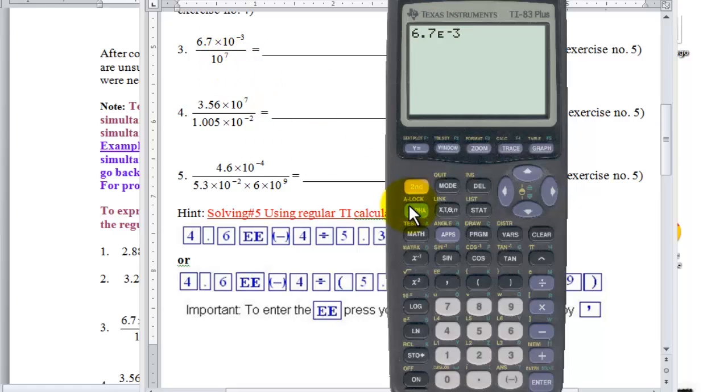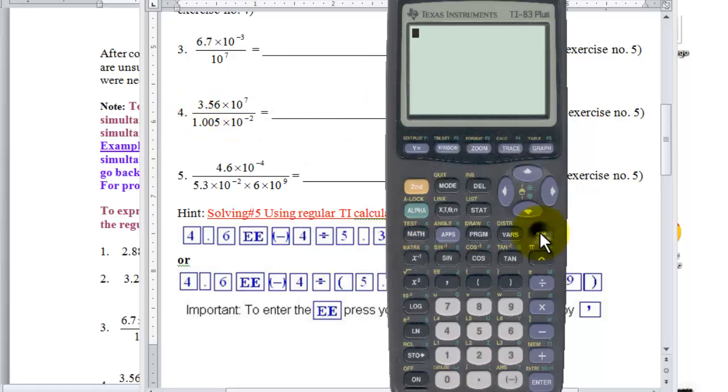This is divided by 10 to the power 7, so you'll go divide, and remember 10 to the power 7 means 1 e7, because the e means times 10 to the power. So 1 e7 means 1 times 10 to the power 7. And now we'll press enter, and again the answer is 6.7 times 10 to the -10. So remember, when you type the answer, it has to be 6.7 times 10 to the -10. So you input it the same way I showed you on the previous problem.